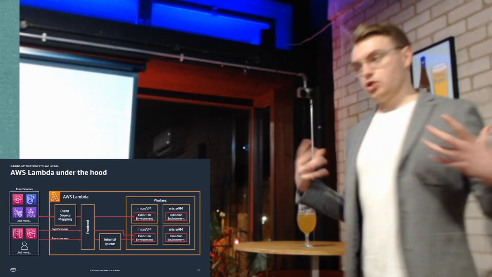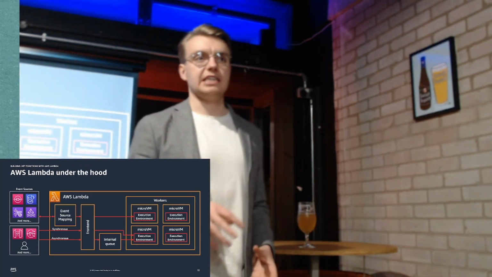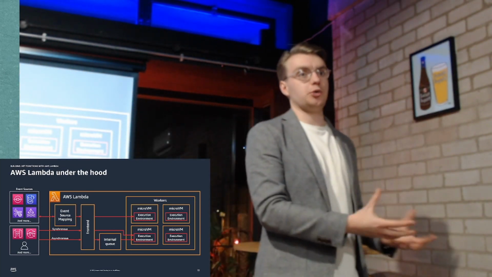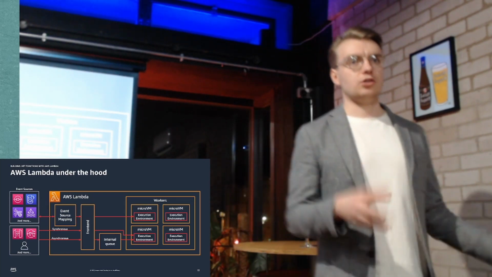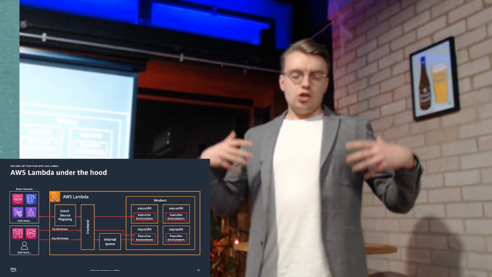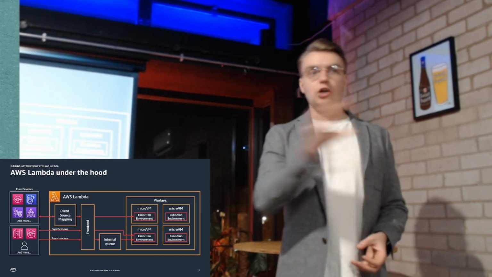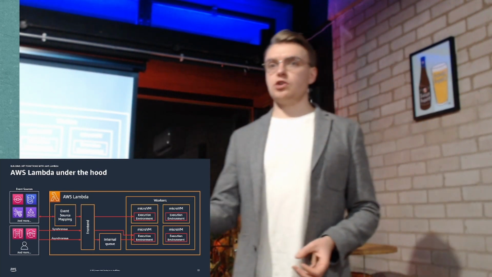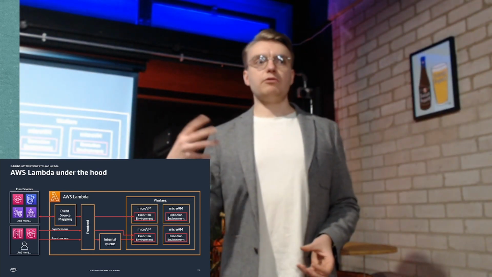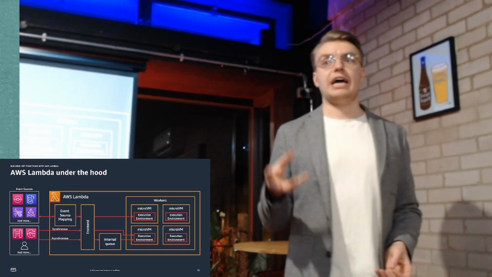So the next thing that's really good to understand with Lambda is how Lambda actually works behind the scenes, because if you are familiar with things like Azure and Azure Functions, Lambda is slightly different to how Azure Functions work. So when you invoke a Lambda function, regardless how you invoke it, regardless which of the three methods you use, it will always end up with what we call the invoke service. And what the invoke service is going to do is look for what we call an execution environment.